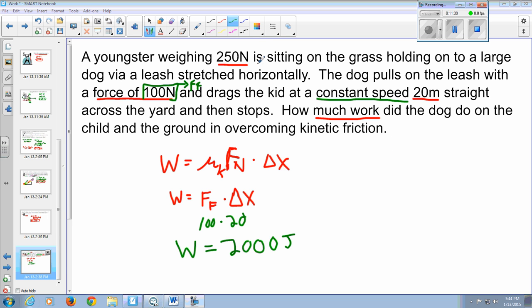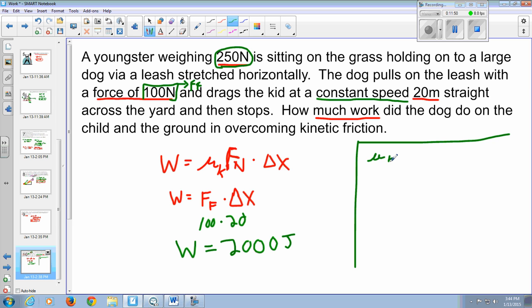One thing to keep in mind is the weight of the youngster didn't come into play here. But if they had given you a situation where they said the kinetic coefficient of friction is, I don't know, 0.4, and they didn't give you the force the dog pulls on the leash, then we could figure this out if we had mu k.